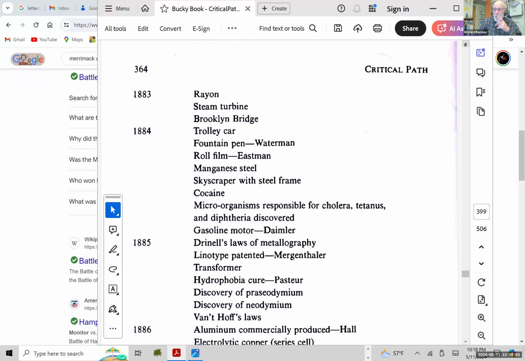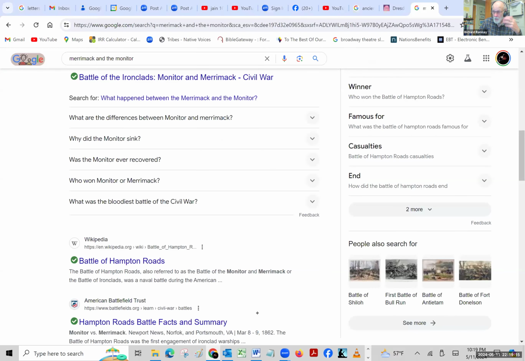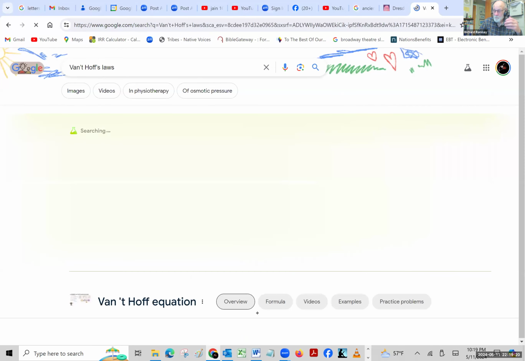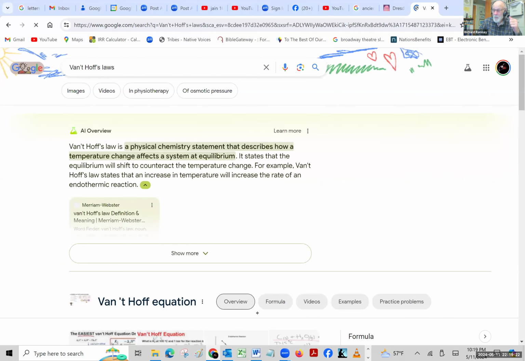When you look at Van 't Hoff's laws, Van 't Hoff is the chemist that worked in tetrahedral models. And he's also the first Nobel Prize winner in chemistry. And it's his work in modeling that Fuller argues was lost to the kind of mathematical games.